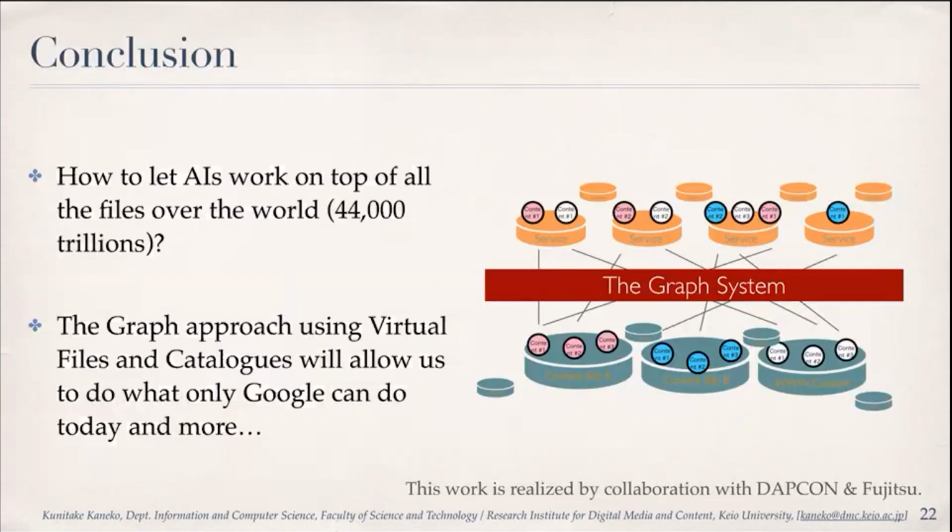This is the final conclusion. Starting from how to let AIs work on top of 44,000 trillions of files, I said that coarse-grained filtering by network, and flexible binding between the content and the service, is important before getting those contents into the content AI.